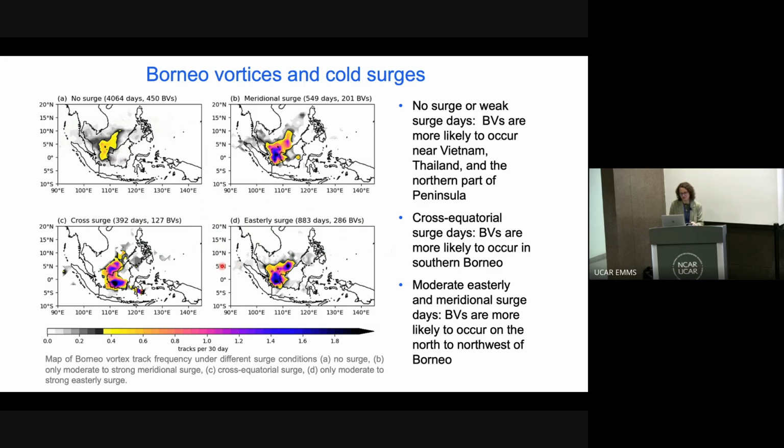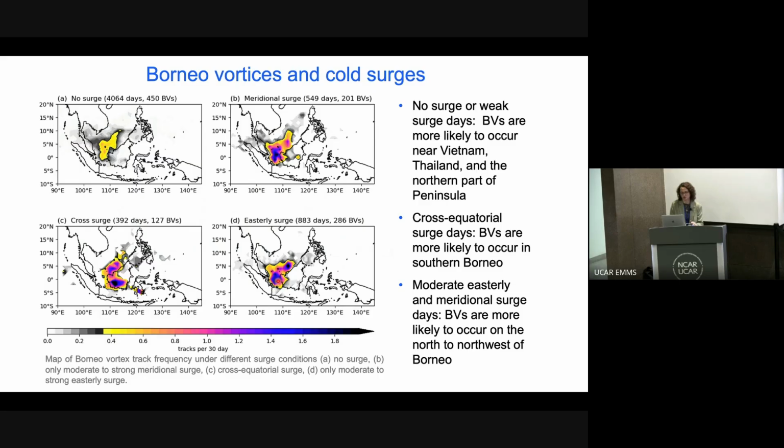So the first synoptic driver that we're investigating are the cold surges. What you have here is the vortex track frequency under different cold surge conditions. At the top left, we have no cold surge conditions. So Borneo vortices can occur even if there are no cold surges present at the time. You can see the maximum is over the South China Sea, but if you look at the gray shadings, you can see they're affecting southern parts of Vietnam, Thailand, and definitely Peninsula Malaysia, and also Borneo. With any type of surge, you can immediately see we get a distinct increase in the number of Borneo vortices.